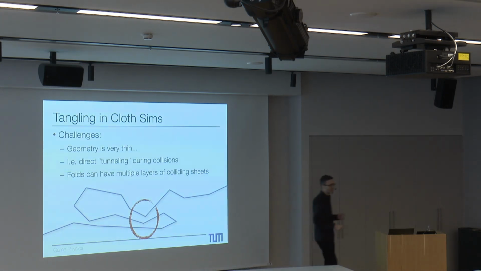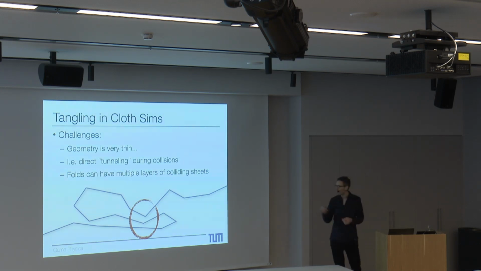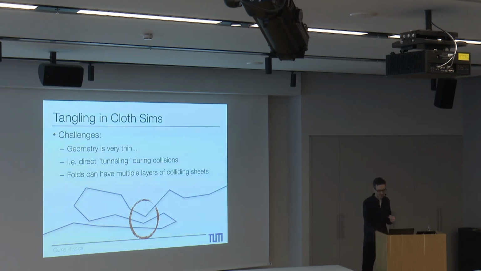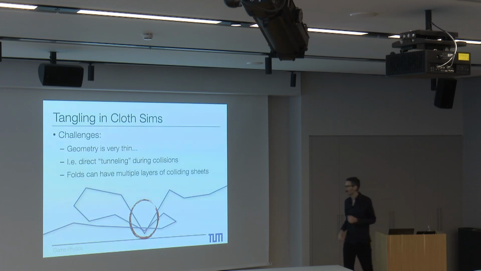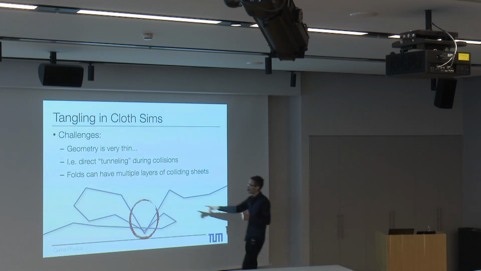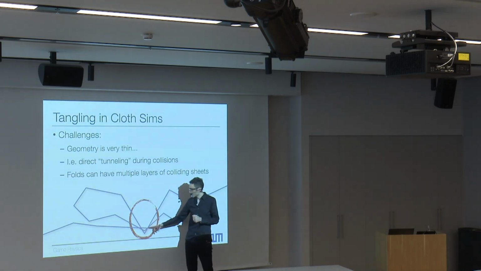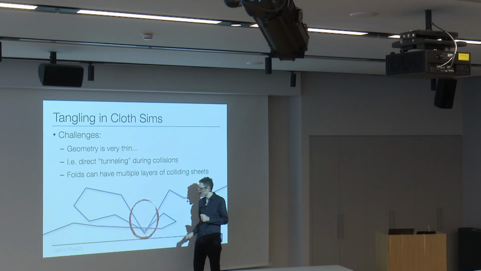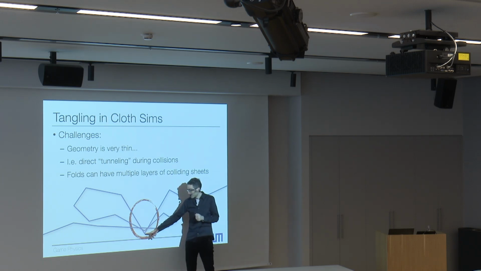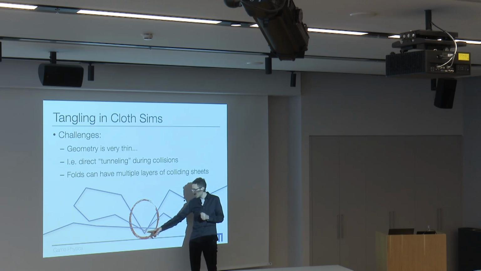And now the worst case that basically can happen is that several layers go through each other and we lose track of which side we're on. So what can happen is that this top layer basically goes through both of the other ones, and suddenly it's actually difficult to say which collisions are happening.